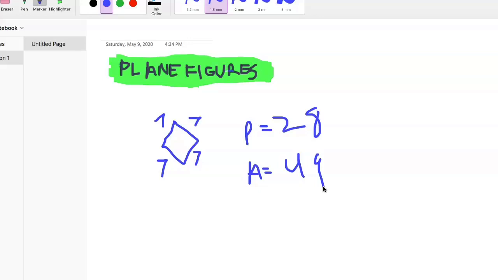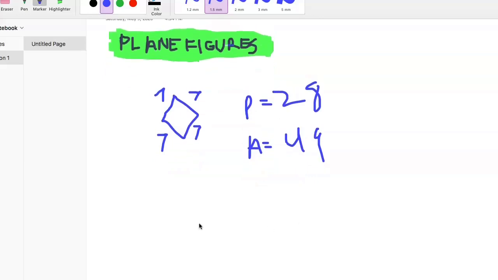The parallelogram will look like a rectangle. Opposite sides will be equal, and opposite sides will be parallel. So when those opposite sides are equal, this and this will be equal, and this and this will be equal.